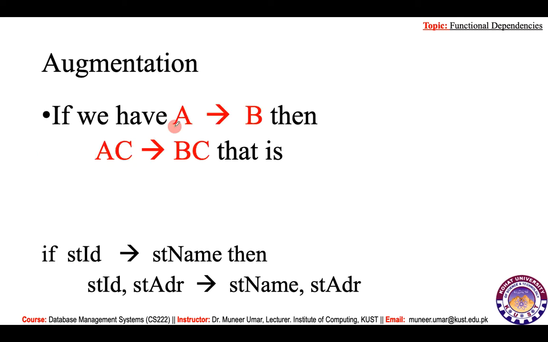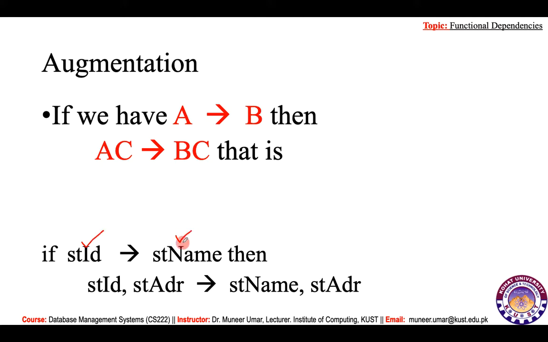Then we have augmentation. If we have A determines B, then we can also add one additional attribute on both the sides, and that will also work. So if A determines B, then AC will also determine BC. For example, we have student ID and it determines student name.